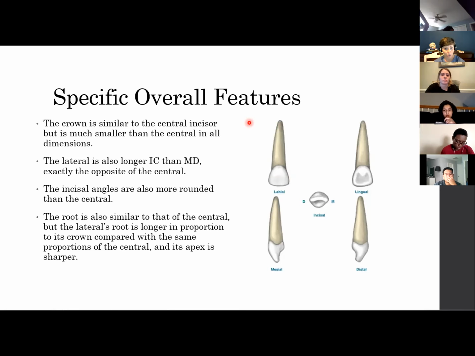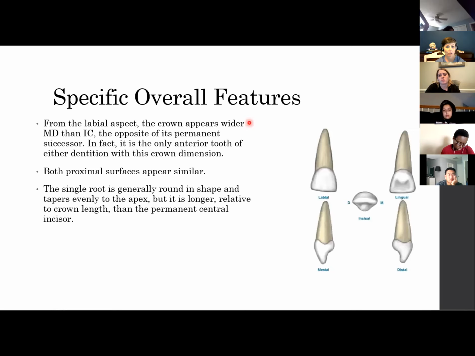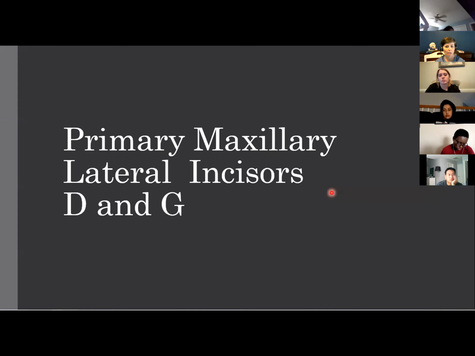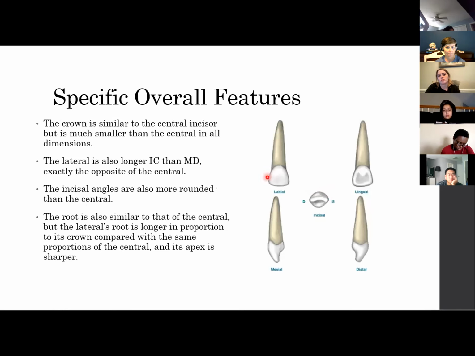The incisal edges are also more rounded than the central. So if we go back and look, the central is very sharp. The lateral is a little rounded. The root is also similar to that of the central, but the lateral root is longer in proportion to its crown compared with the same proportions of the central, and its apex is a little sharper. So a little bit longer and a little bit sharper.